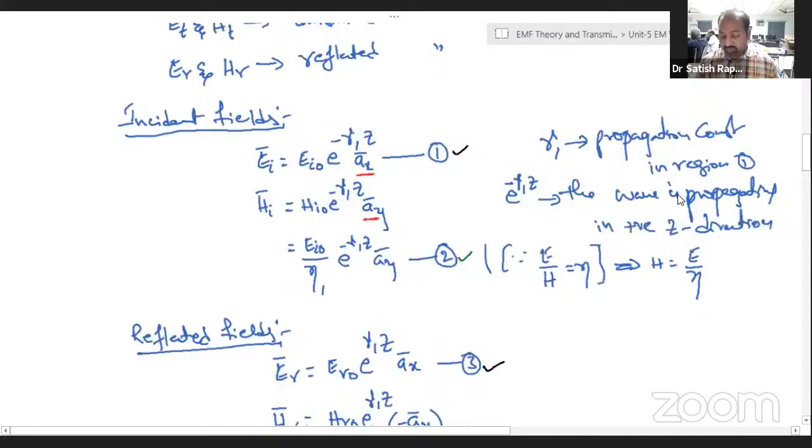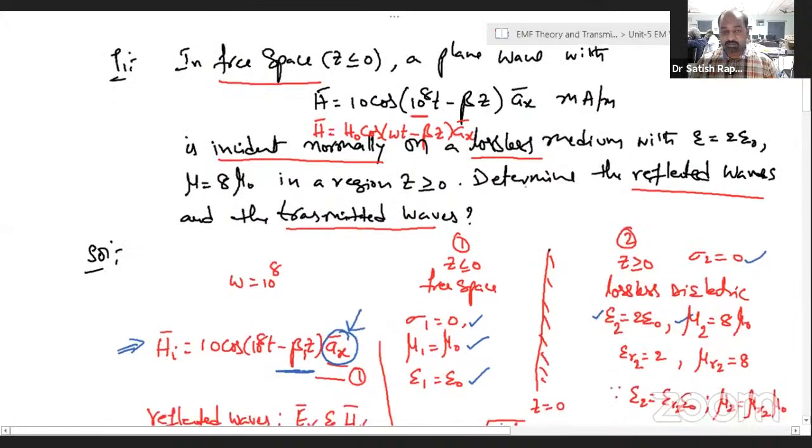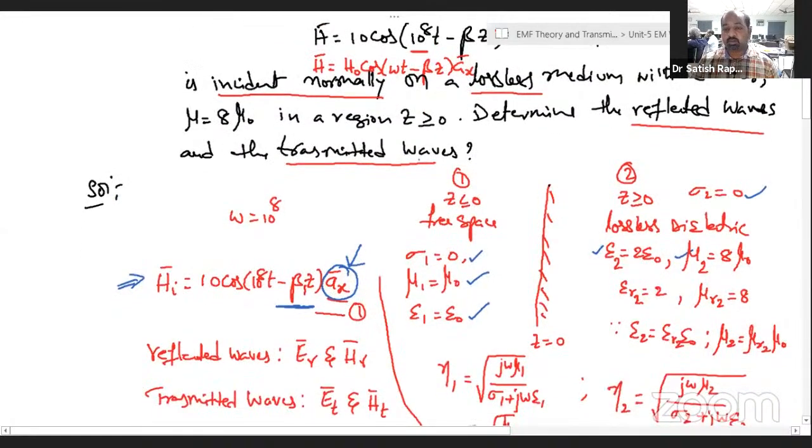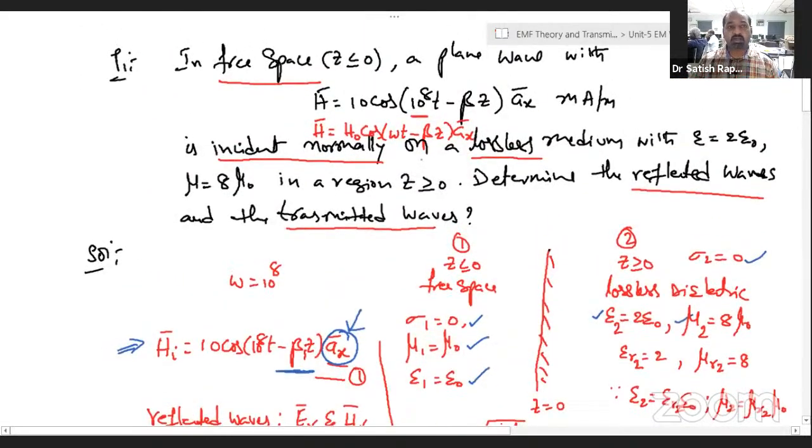Coming to the related problems, I have done some problems based on the discussion I had earlier. This problem is related to normal incidence. First of all, whenever a problem is given like this, the very first step is to identify the boundary: what is region 1 and what is region 2, and what are the characteristics of each.